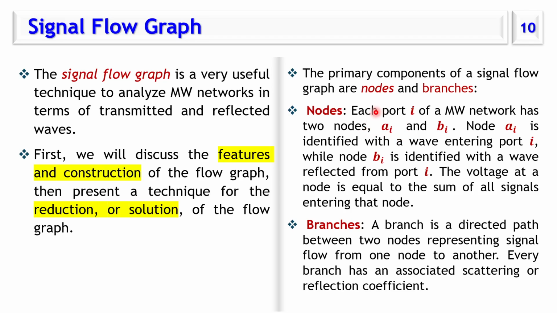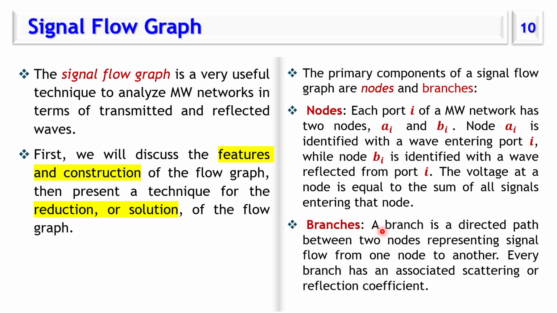One node, which we call A, corresponds to the power or wave entering the port. B identifies the waves that reflect out of the port.